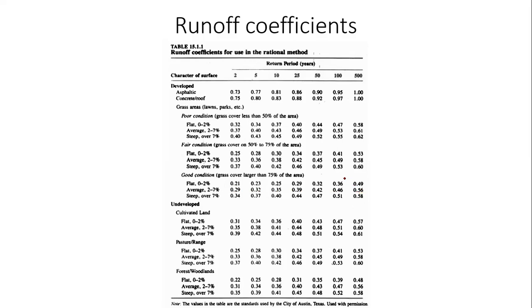Consistently increasing as the return period increases. When the return period increases, you are saying this is a storm that only comes once in 50 years or once in 100 years. So when you receive that kind of a storm, naturally you will expect more runoff to be generated, right?